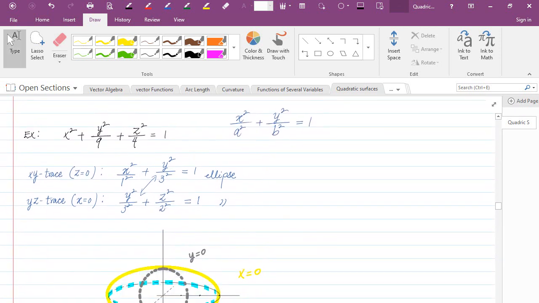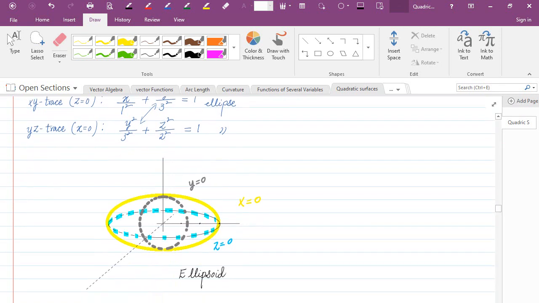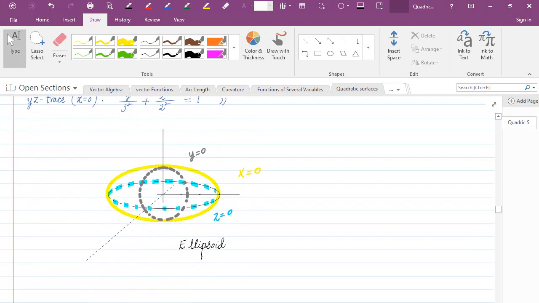Again, generally, this is the equation of an ellipse, the standard form of an ellipse. If you draw these two traces, you obviously get a surface which is kind of like a sphere. This surface is called an ellipsoid.